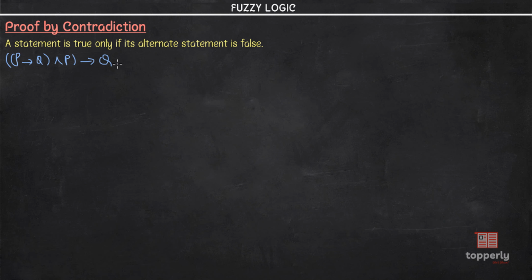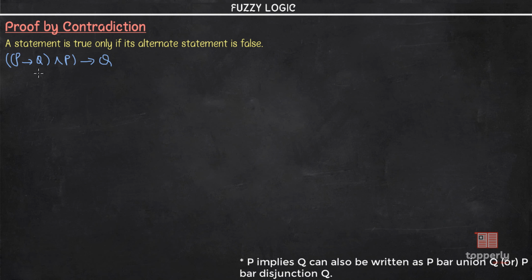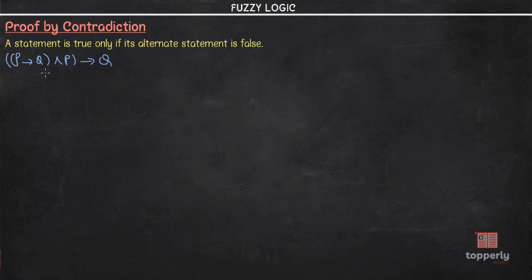As per the previous lecture of our fuzzy logic playlist, I have explained that P implies Q can also be written as P bar union Q or P bar disjunction Q. If anyone has any doubts, please refer to the previous lecture; I have included the link in the description below.